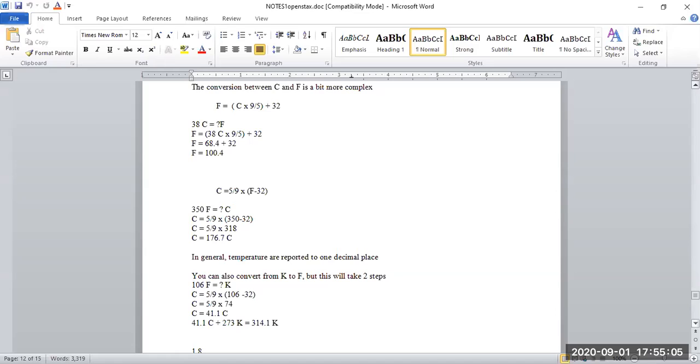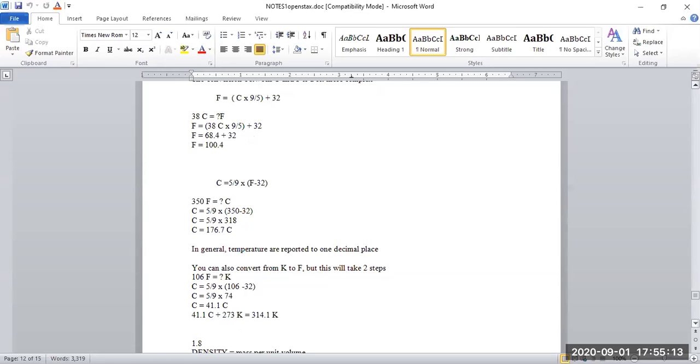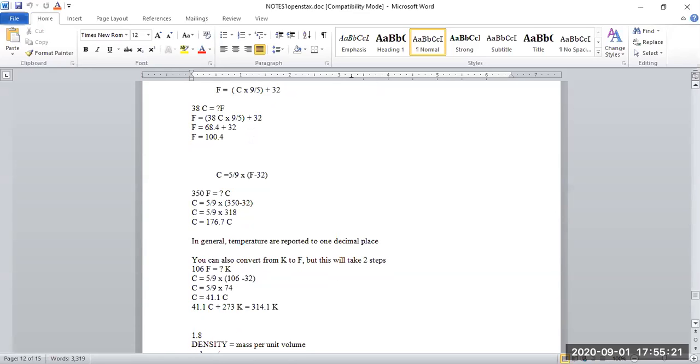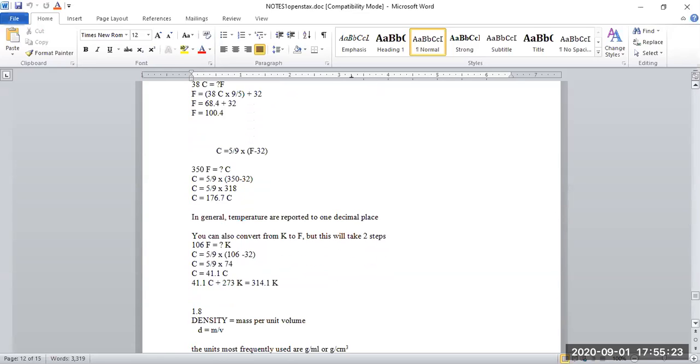This one requires you to do the subtraction part first and then use your fraction. So 350 minus 32, you see we get 318, then multiply by your 5/9. And this one I only carried to a single decimal place. We've got 176.7.